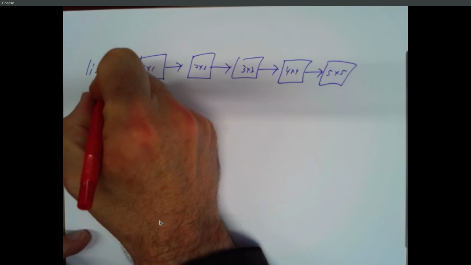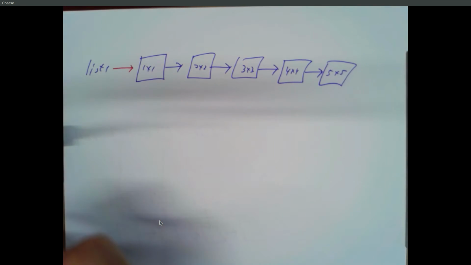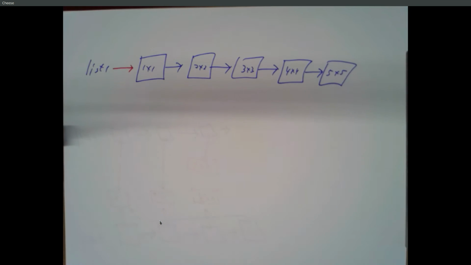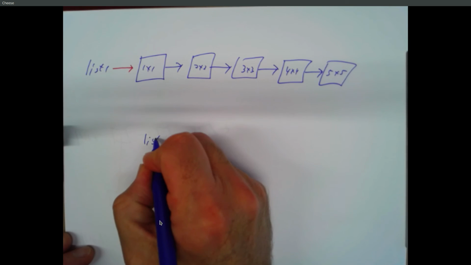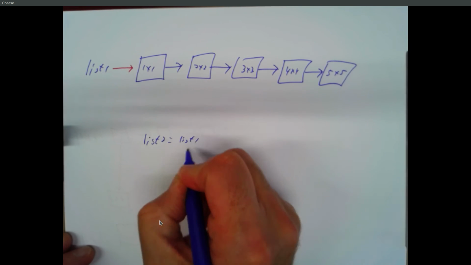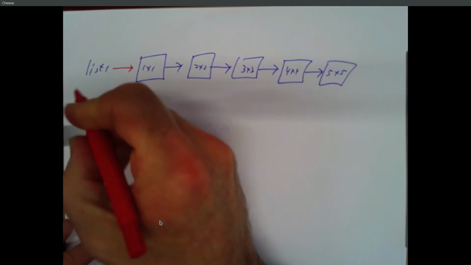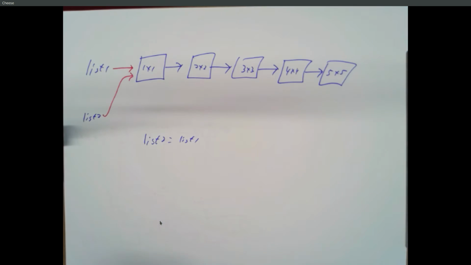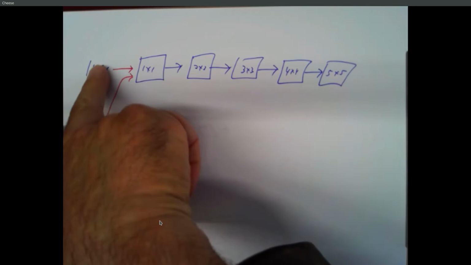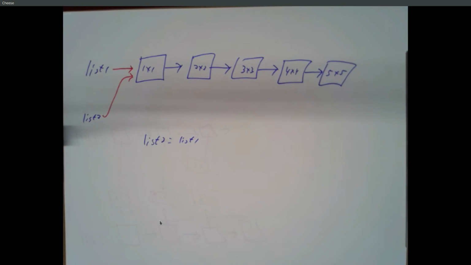List1 is basically referring to this list; it's got some location in the Java Virtual Machine's memory. List1 is basically pointing to that. It's an address in memory. So when we say list2 equals list1, list2 is pointing to exactly the same thing. And anything you do to list2 happens to list1 and vice versa.